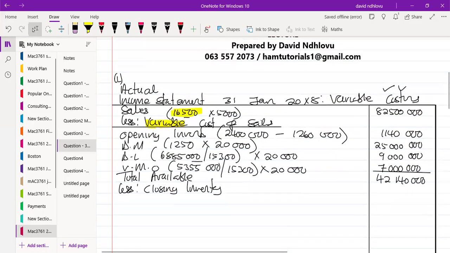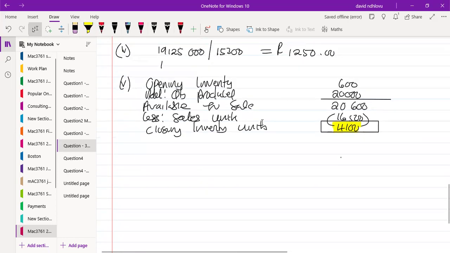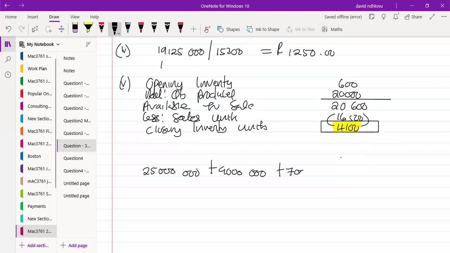The cost per unit for the current year will be made up of these particular costs. So you need to add these, get the total, and then divide by 20,000 units. So therefore, we are saying our cost per unit here, we have, I think it's 25,000, plus 9 million, not thousand, plus 7,000.